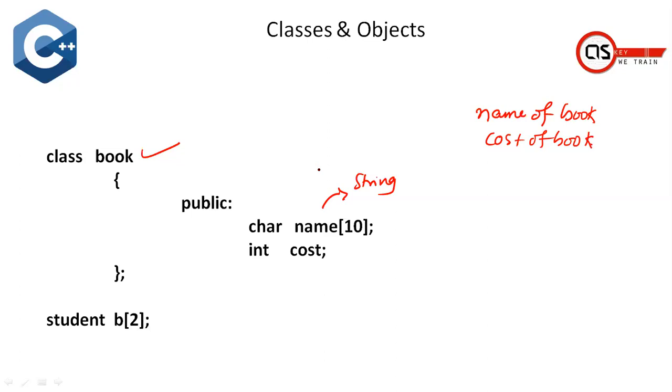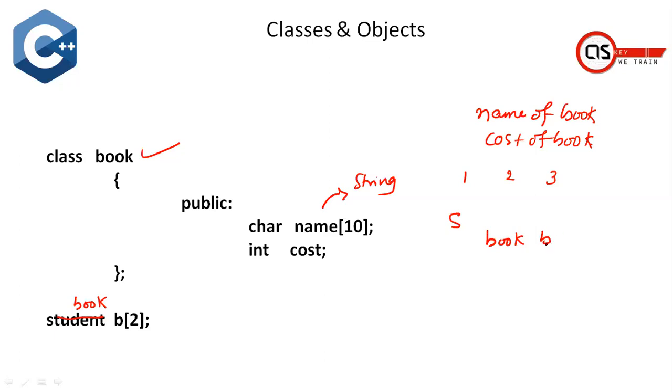Now how many books I would like to read, whether it is one book, 2 books, 3 books, we do not know. Now, for example, if I would like to read information of 2 different books, I am going to create an object. It should be a book. I have created an object using the class called book.